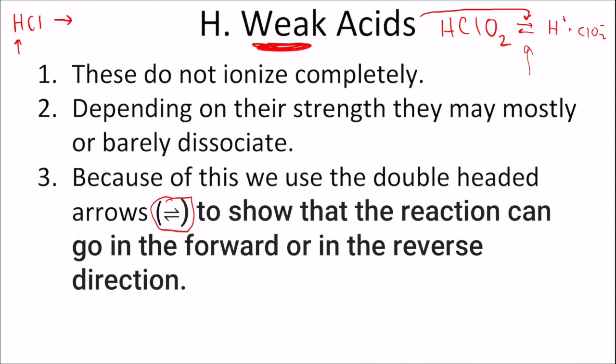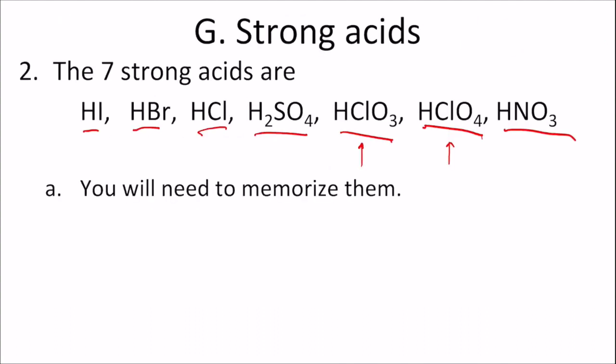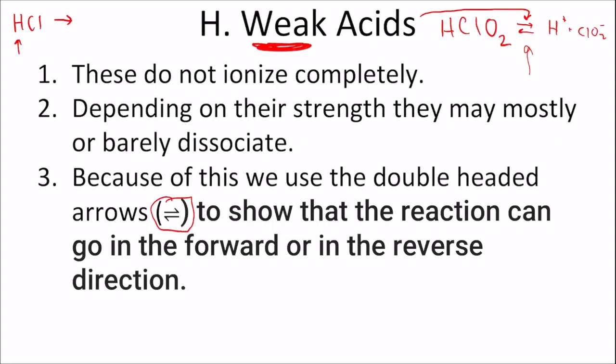All right, is hydrochloric acid a strong acid? Let's check the list. Yep, it is a strong acid, so we're good. So this would be a single arrow, and then it would end up something like that, okay? So weak, strong. All right, there is a chart for us to check how strong or how weak they are, but we're not going to worry about that quite yet.